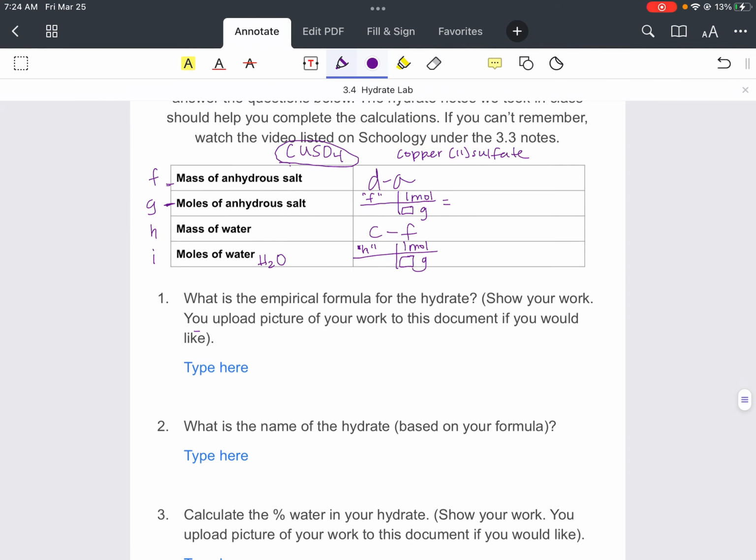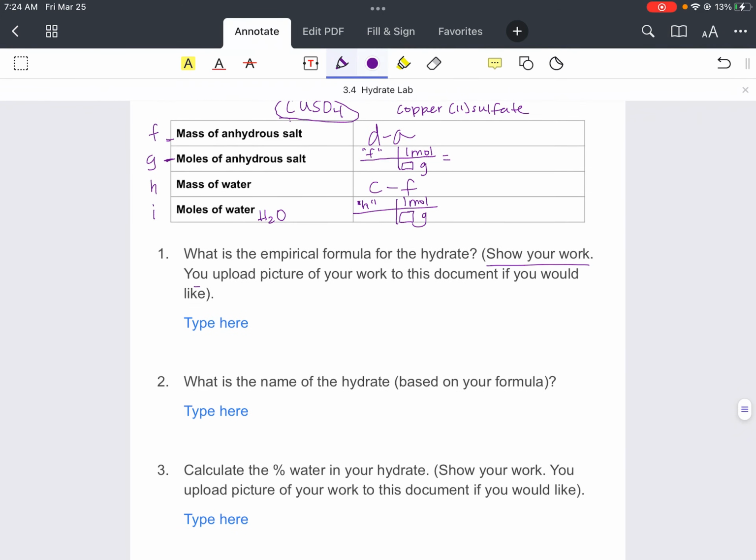For numbers 1 and 3, I'm asking you to show your work. These are calculations like what we did in class when we were taking notes on hydrates. If you were absent or you need a refresher, look under the notes for 3.3, where there's a video link of the hydrate notes. You can rewatch that and re-look at the calculations.